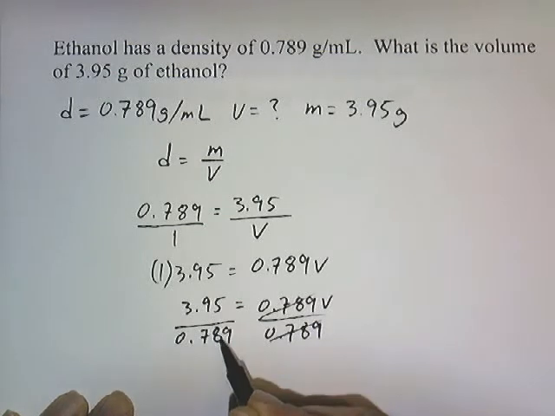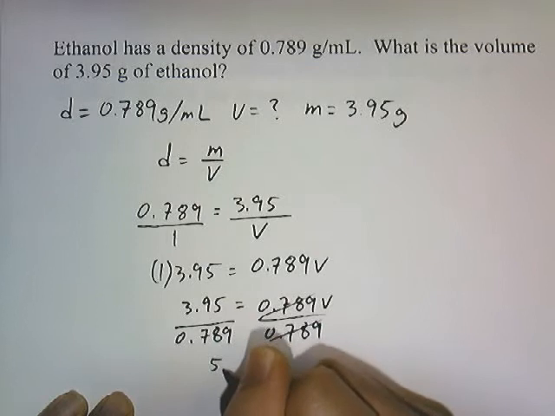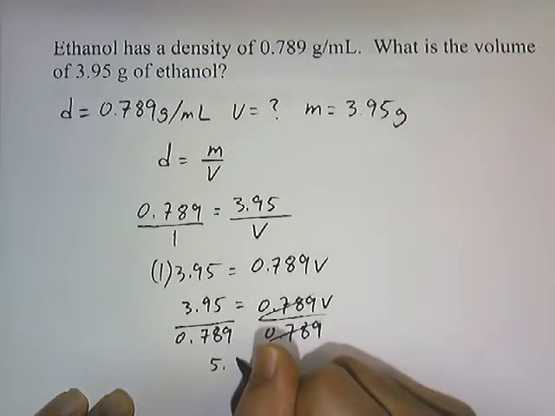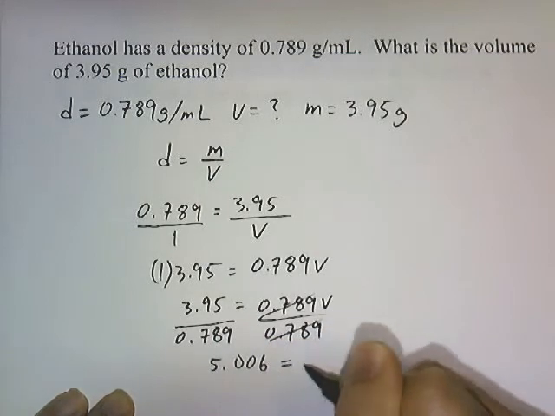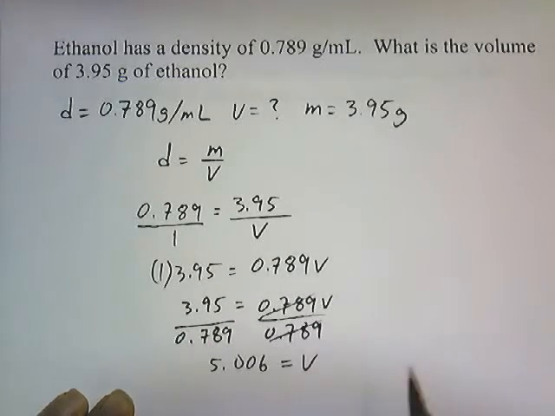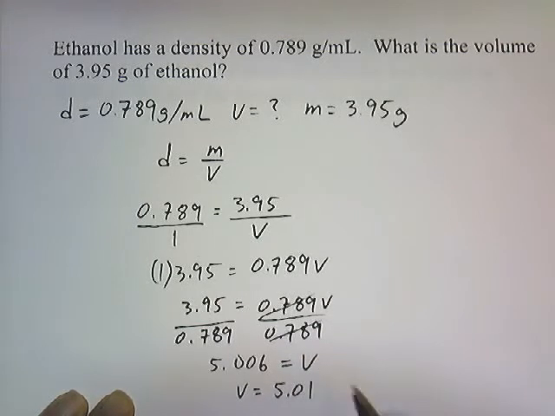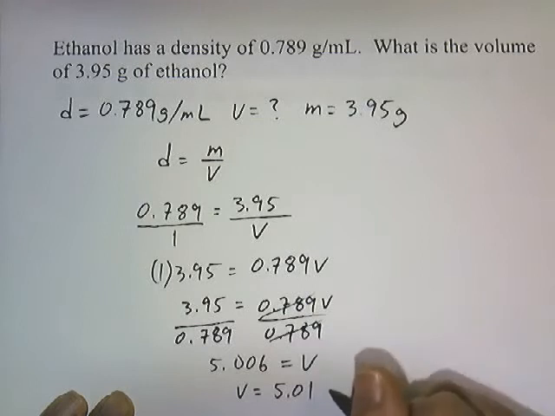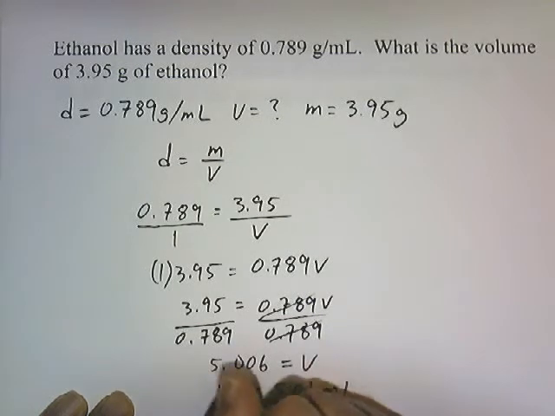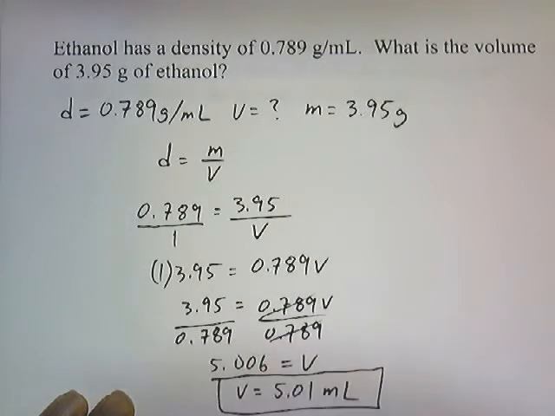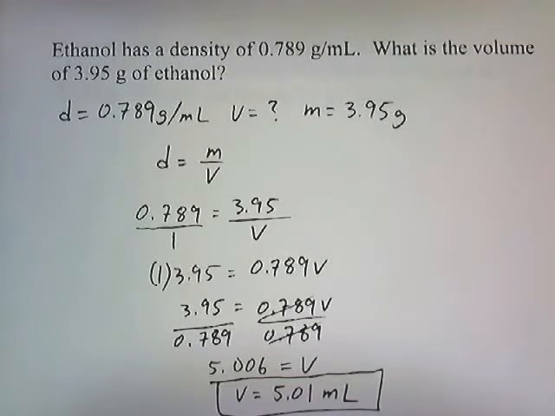This number divided by this number gives me 5.006 equals V. And then we can just rewrite this as V equals about 5.01. And what's the unit for volume? It's milliliters. So that's your answer.